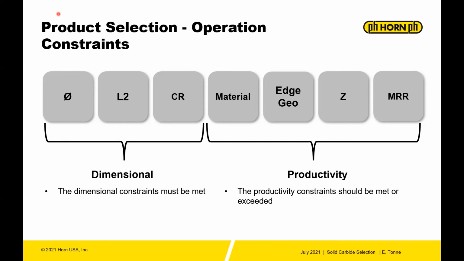So for dimensional, you have obviously the diameter. You need to drive a radii really anytime you're going into a corner, so you need a small enough tool. The radius of your tool needs to be smaller than the smallest radius of your part. You also have the L2, so you need to reach whatever feature is in the part. So your flute length has to be met. And then you also have a corner radius.